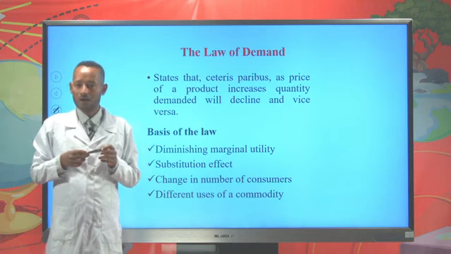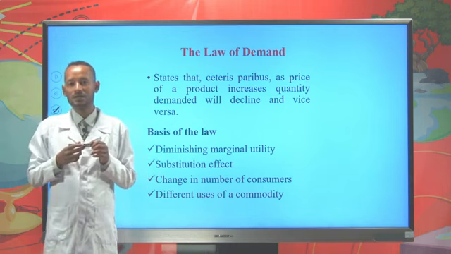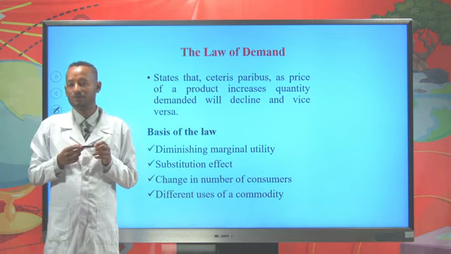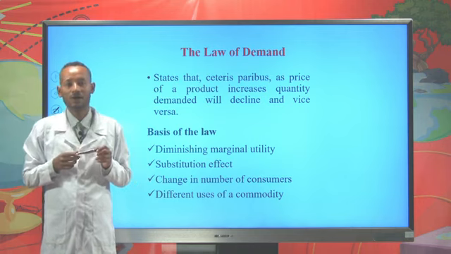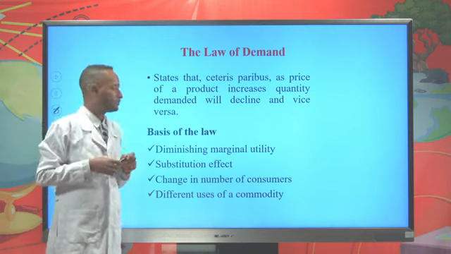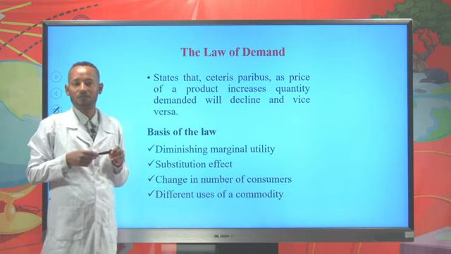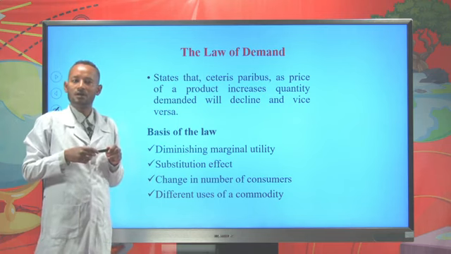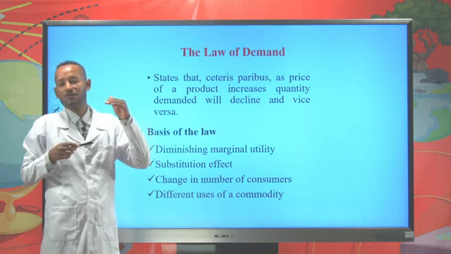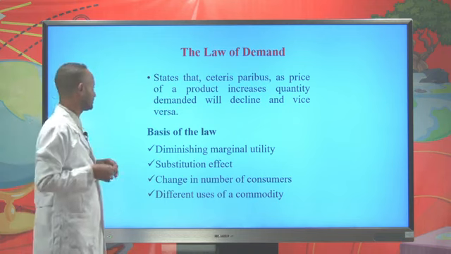So other things remain unchanged, especially if your income remains unchanged. With an increase in the price of an egg from 2 birr to 5, the quantity demanded for eggs will decline from 5 to 2. But this holds true only if there is no change in the income of the consumer. If there is a rise in the income of the consumer, even though there is a rise in the price of an egg, the quantity demanded for eggs may also increase.